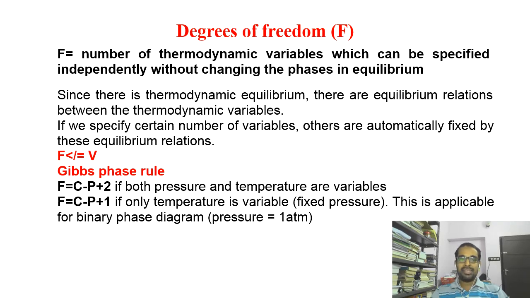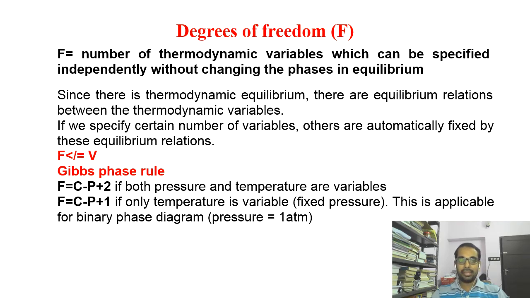The F is the number of degrees of freedom, which will always be less than or equal to the total number of variables. So if you specify a certain number of variables, that is the number of degrees of freedom, then automatically the other variables are fixed in order to have the equilibrium conditions.